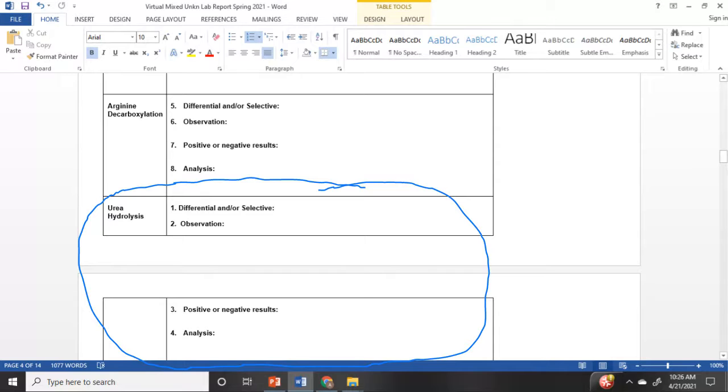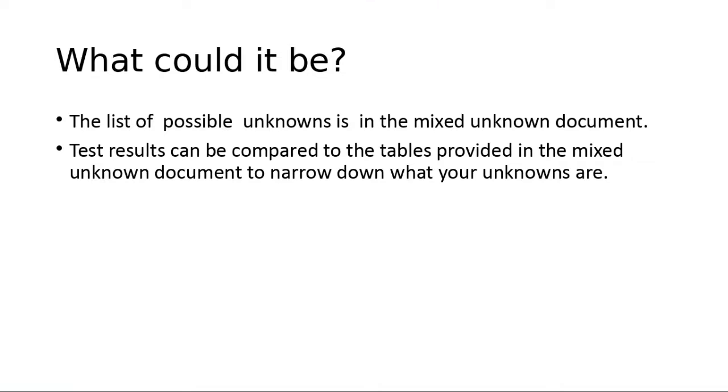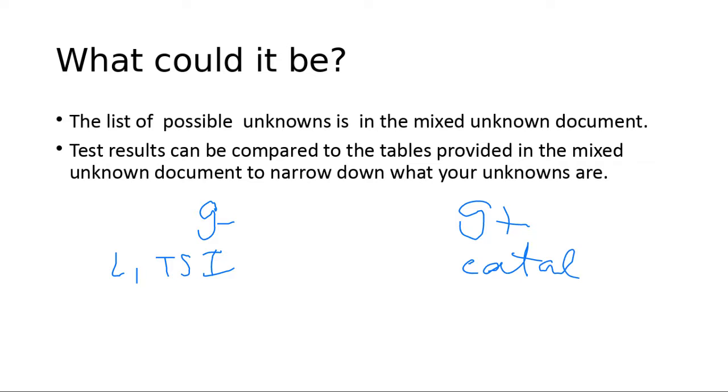Now, what I plan to do afterwards is look at the tables where I already have crossed out some names of some organisms for the gram negative and for the gram positive, based on my lactose and my TSI, based on my catalase test results.